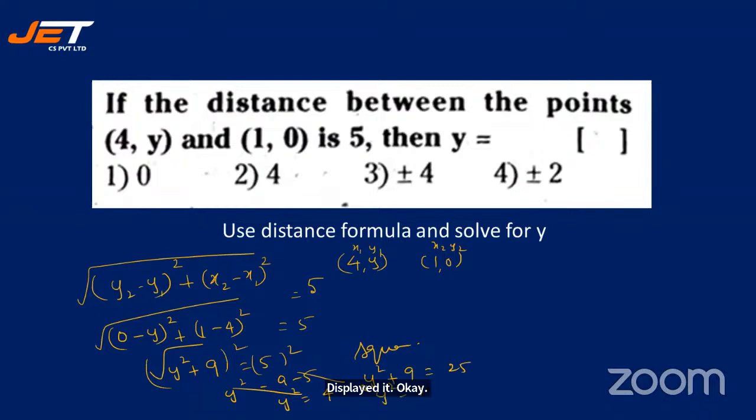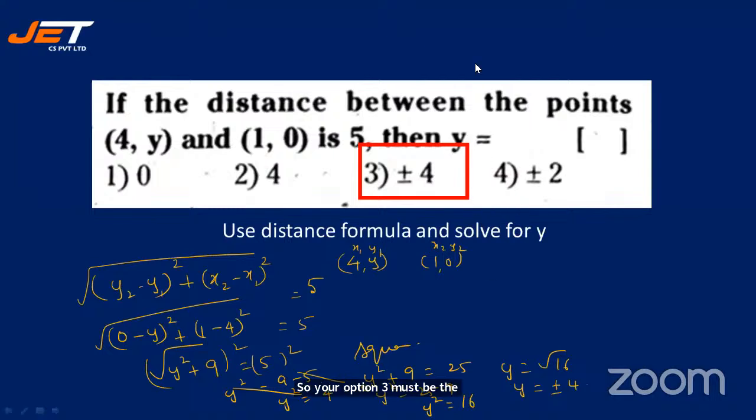Y square is equal to 25 minus 9. Y square is equal to 16. So y is equal to root of 16, which is y is equal to plus or minus 4. So your option 3 must be the correct answer.